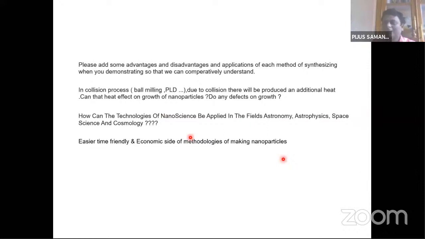In a chemical vapor deposition setup or any kind of setup, few lakhs of LEDs, few lakhs of transistors, few lakhs of FETs are produced at a time, so that the overall production cost is reduced. Although the equipments are costly, the overall production cost is reduced. So the economic side doesn't always mean that the method would be low cost.